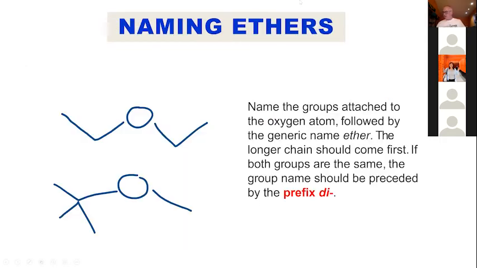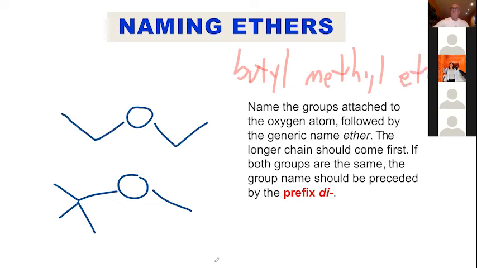So then, naming these. Basically, you just name the groups attached to the oxygen atom, and then put ether at the end. You generally name the longer chain first. So if I had butyl methyl ether, that means I would have a butyl group on one side with 4 carbons and a methyl group with 1 carbon on the opposite side.